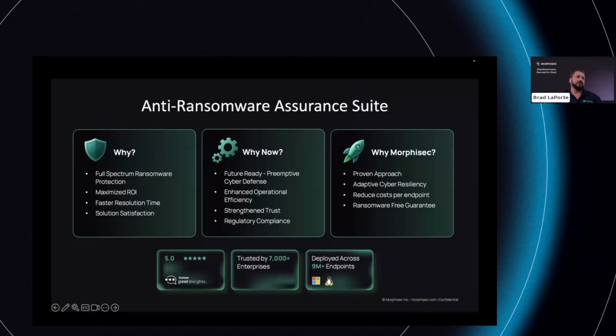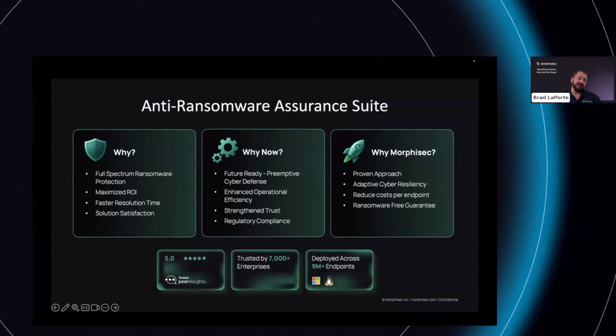All right. So just to recap, obviously there's a lot of different ways that you can infiltrate given agentic AI. You've seen several examples from Joe here on how easy this is, and how Morphisec can provide core value in mitigating that and providing that peace of mind that you are protected.